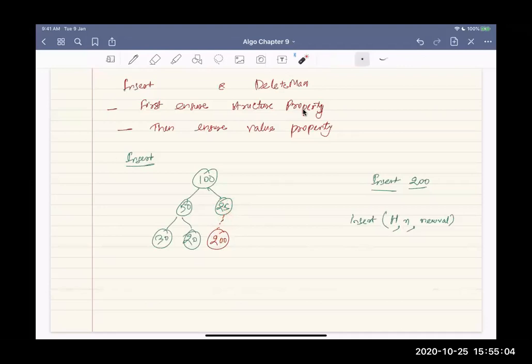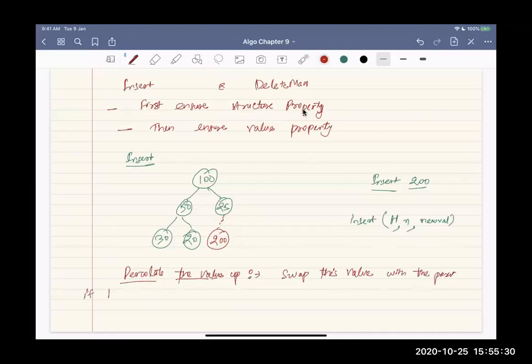This is all I have to do. So now I want to percolate the value up. Very important, I only have to percolate it up, I don't have to go down. So swap this value with the parent if the heap property is violated.